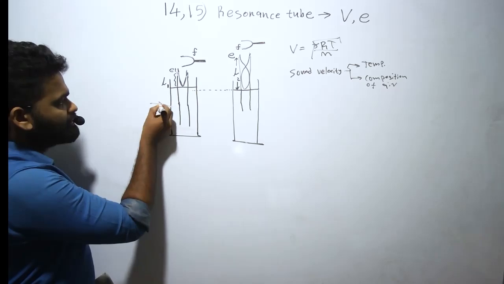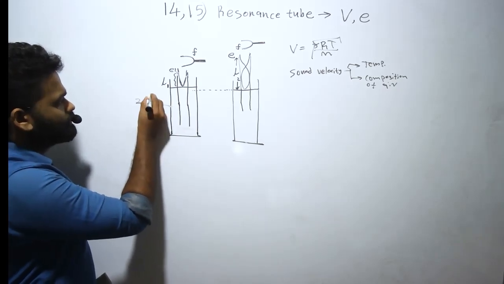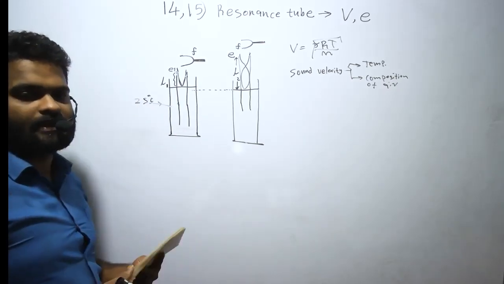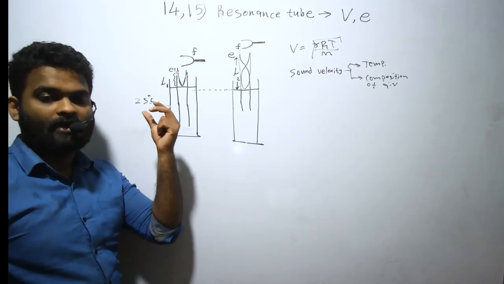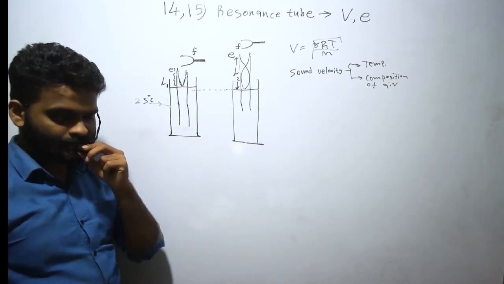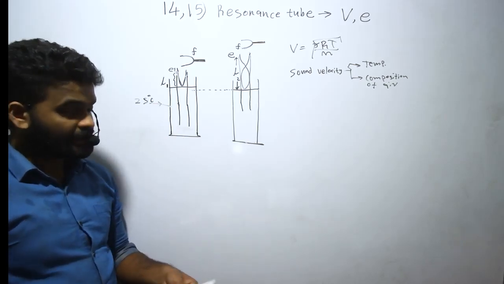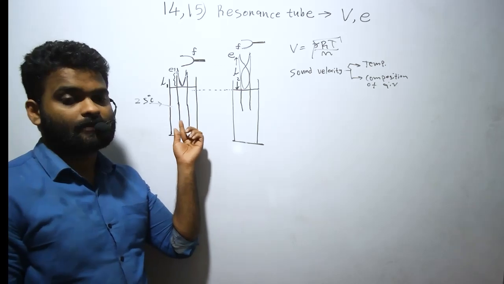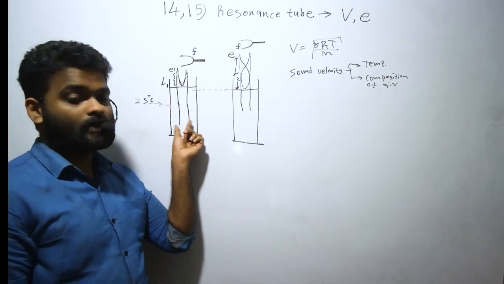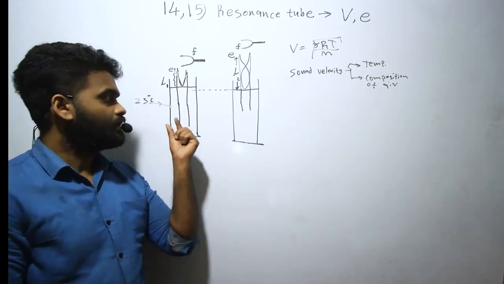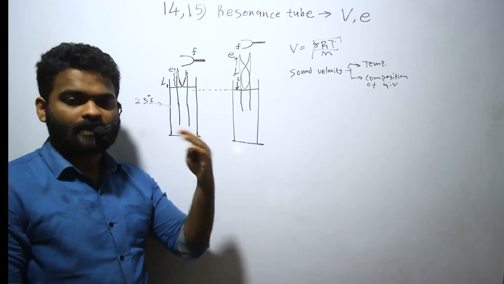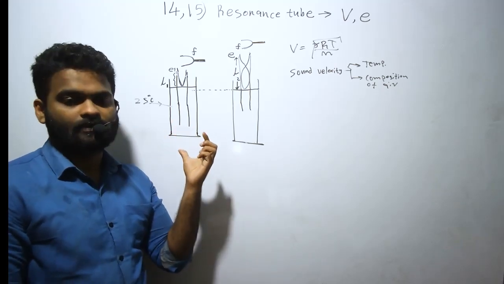Usually the room temperature is about 25 centigrade. It could be any other value. You have to note it down as well. Another one is, we are using water here, not a volatile liquid like alcohol.